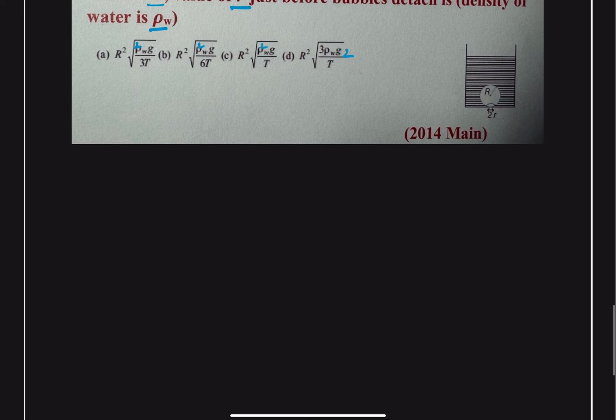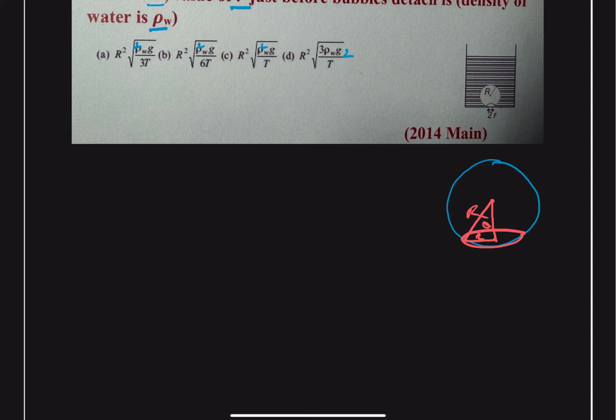So in this case we are given that we have a bubble of sphere of radius R, and there is a small contact at the bottom, having a radius of small r, and the sphere has capital R radius, and the angle is given as theta. So there will be two forces acting on it.